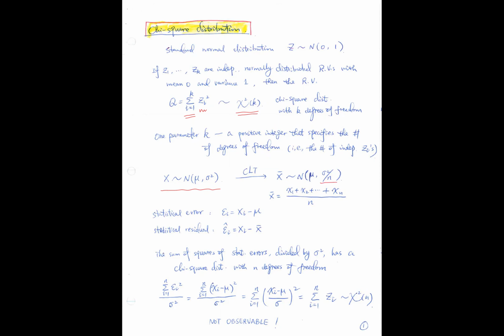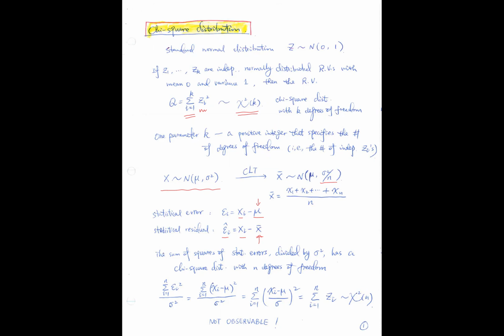Now, if we calculate the statistic error, we know the error is each sample from the population mean, and the residue is from the sample mean. So the major difference is right here. So epsilon i hat is the estimation of epsilon i.